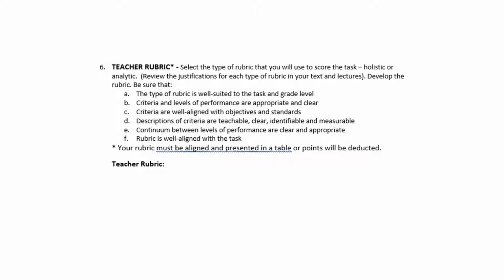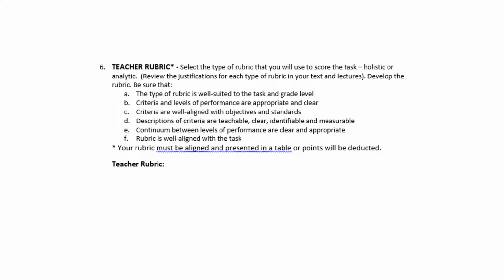Now, this is something that you need to pay attention to. You need to put your rubric in a table, in a Word table, because that's the only way you're going to get things to line up. I've had students try to submit just using tabs to create their columns, and it doesn't work in Word. So just go ahead and use the insert table command, give however many columns and rows you need, and then go from there.